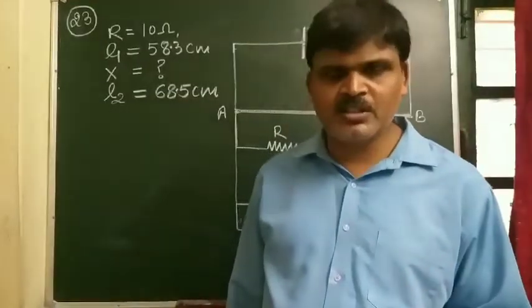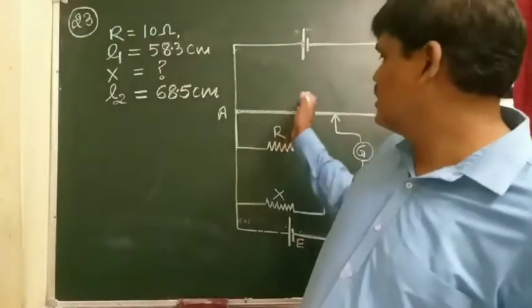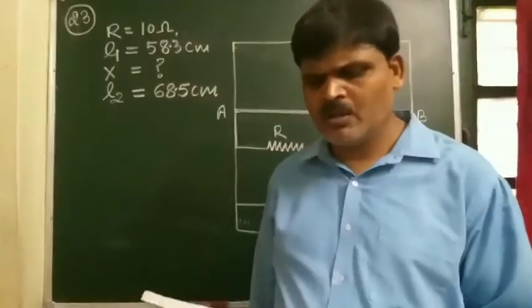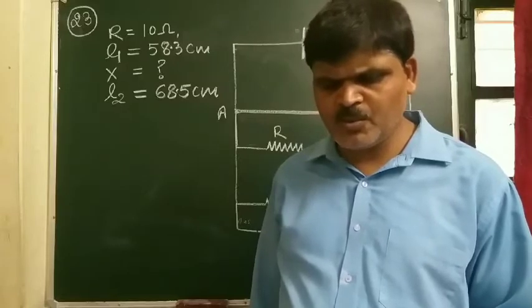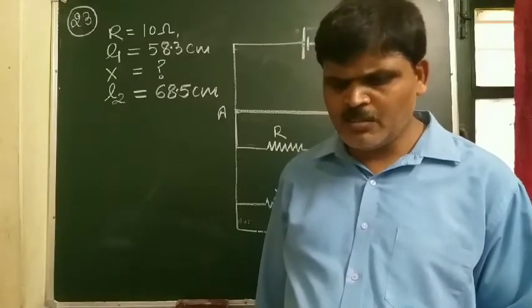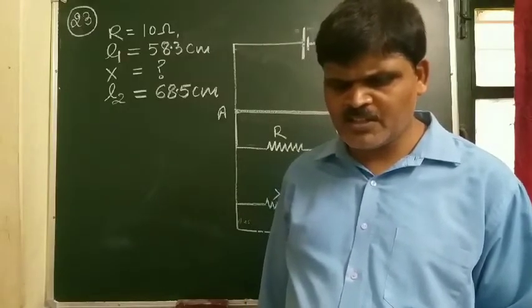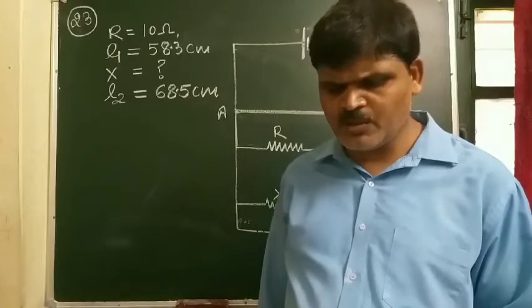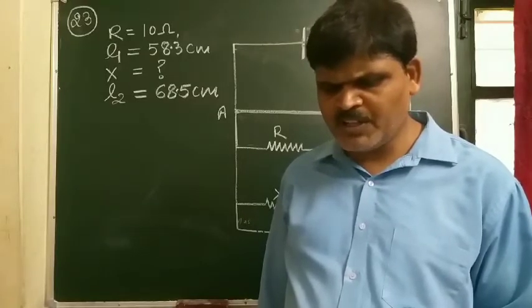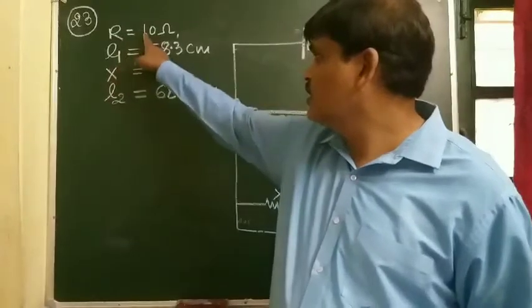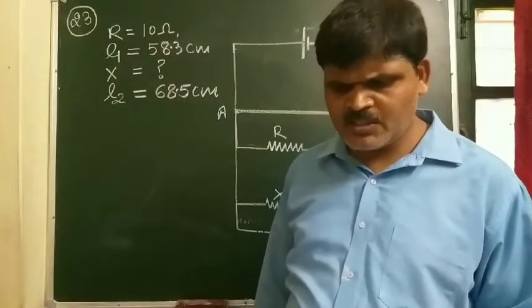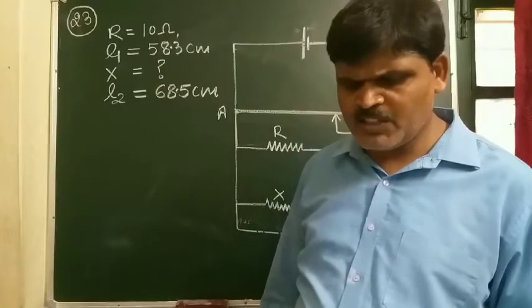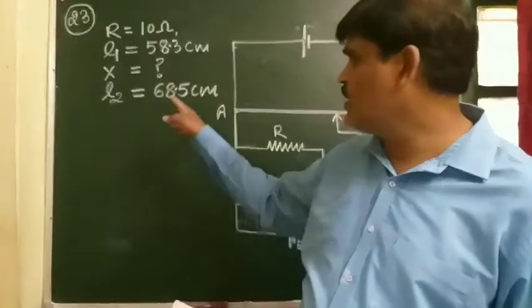Question number 23, student, and the circuit diagram is given here. Figure shows a potentiometer circuit for comparison of two resistances. The balance point with a standard resistor R, which is equal to 10 ohm, is found to be 58.3 centimeter, while that with the unknown resistance X, the balance point is obtained at 68.5 centimeter.